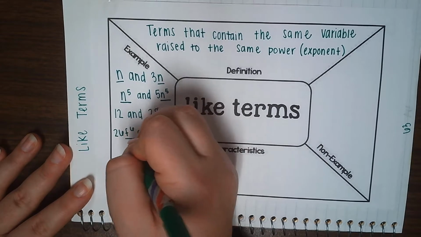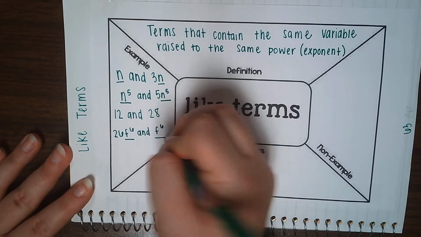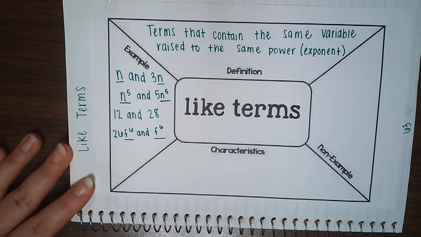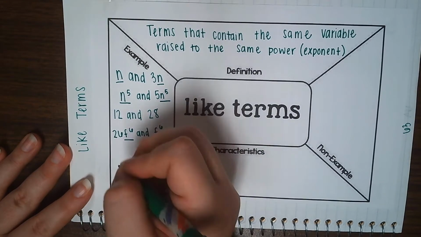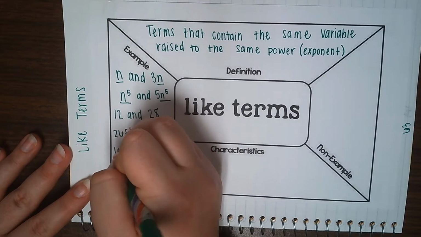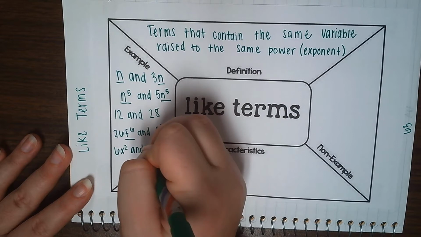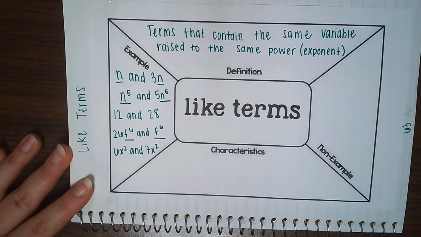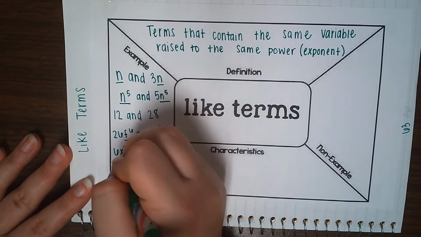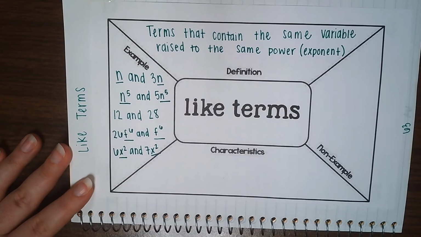Both of them have f to the 6th power, so they are like terms. Another example would be 6x squared and 7x squared. They both have x squared, so they are like terms.